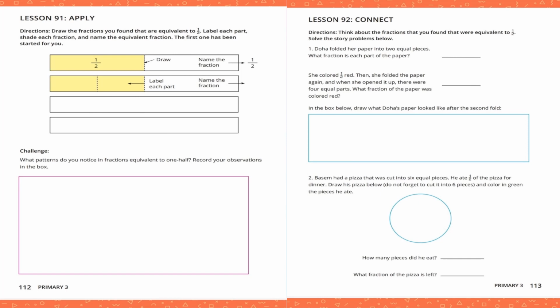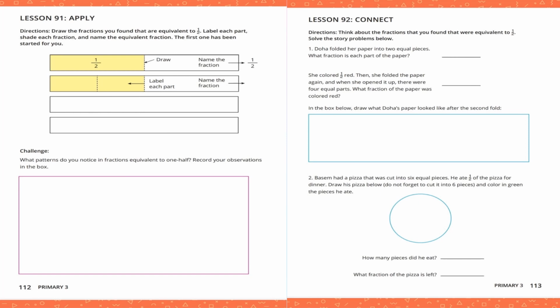Now, our math book, lesson 91. Draw the fractions you found that are equivalent to 1/2. Label each part, shade each fraction, and name the equivalent fraction. The first one has been started for you.